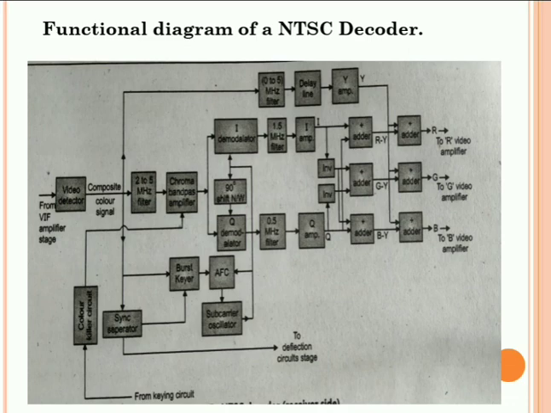Then it goes to the chrominance band pass amplifier. After that, some phase shift is done. It goes to two demodulators, the I demodulator and the Q demodulator. After that, it goes to the adder or mixer, and at the end we get the R, G and B signals.